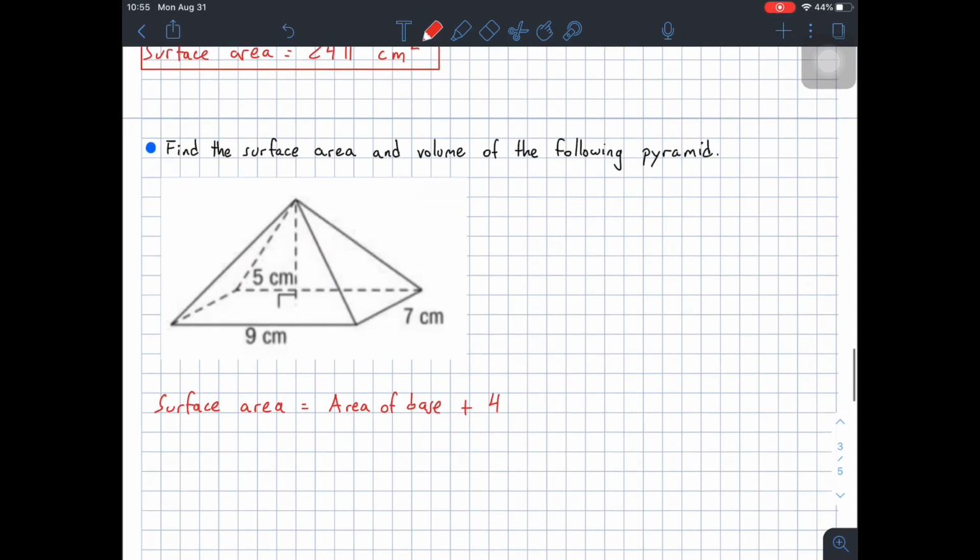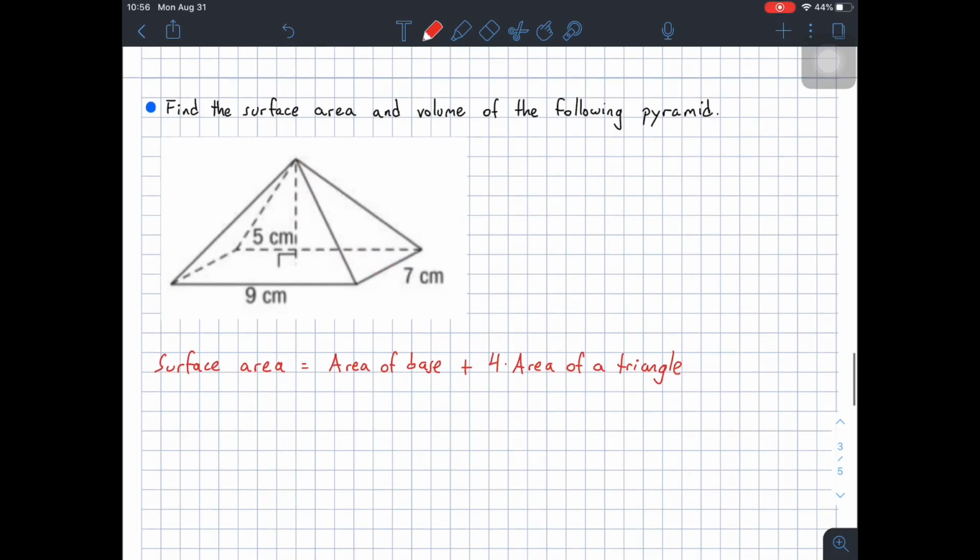So we're going to write plus 4 times area of a triangle in this case. Now to find the area of that triangle, we need to do something, right? To find the area of a triangle, remember the formula is base times height, and height is this one over here. So we will need to find this height by working a little bit with this triangle over here.